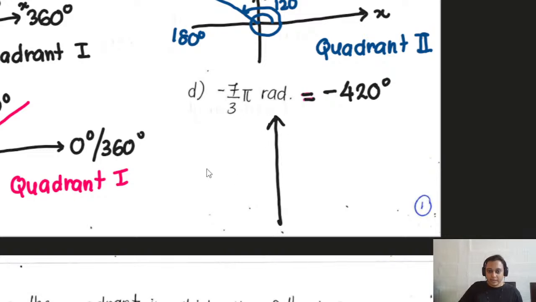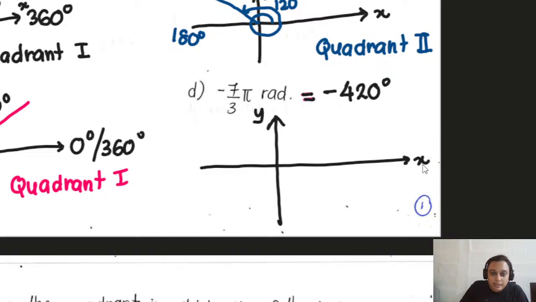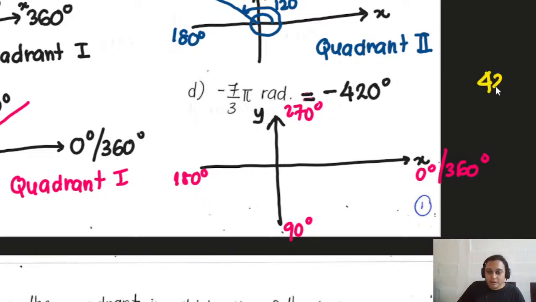Okay, kita nak lukis the angle, the sudut. Here it is negative, so start from here, then must go down, isn't it? 180, 270, then come here back, 360. Okay, 420 yang kita nak, correct, right?